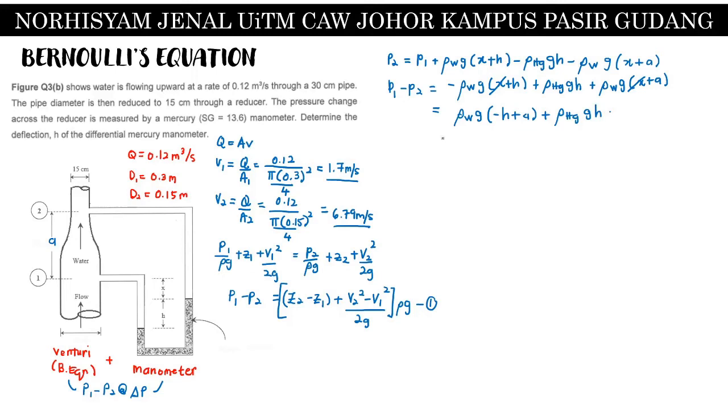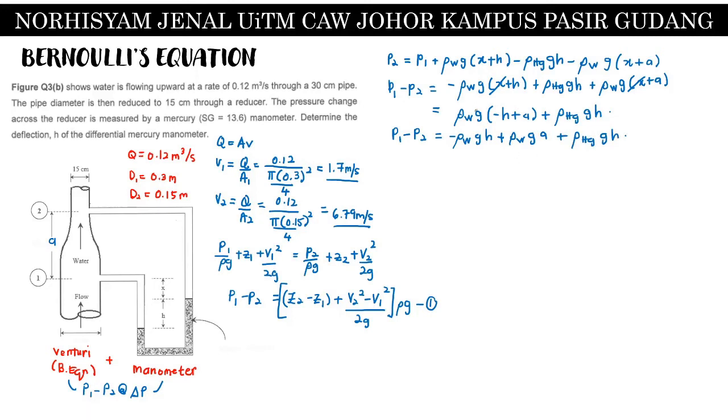Okay, and then next we will get P1 minus P2 to be equal to, we do some other factorization here, or we open up this equation, so rho water g h plus rho water g a plus rho Hg g h.